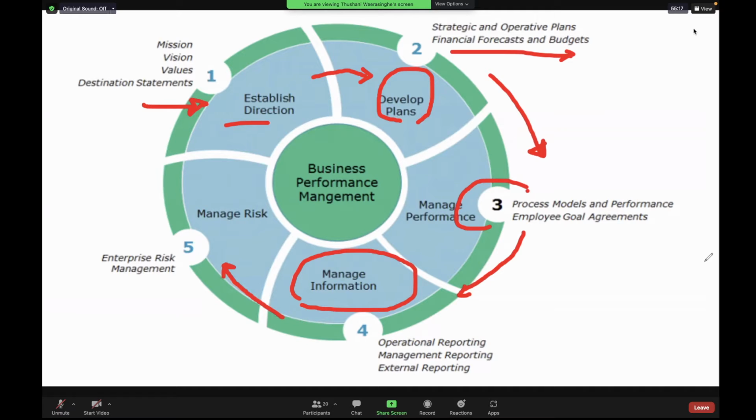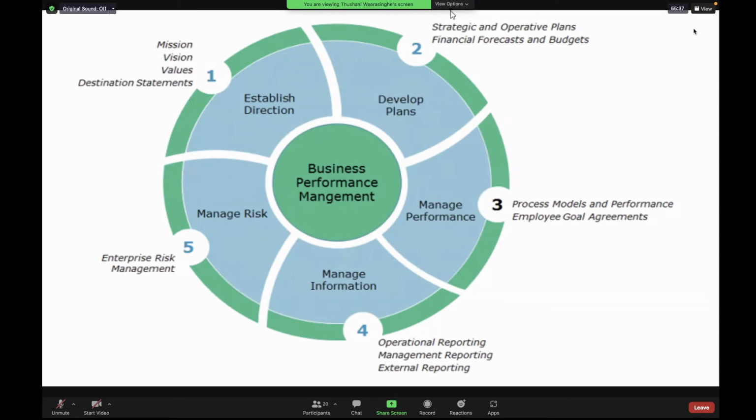And there may be risks, and those risks need to be managed. So this whole thing is business performance management. Those activities need to be carried out during business performance management.